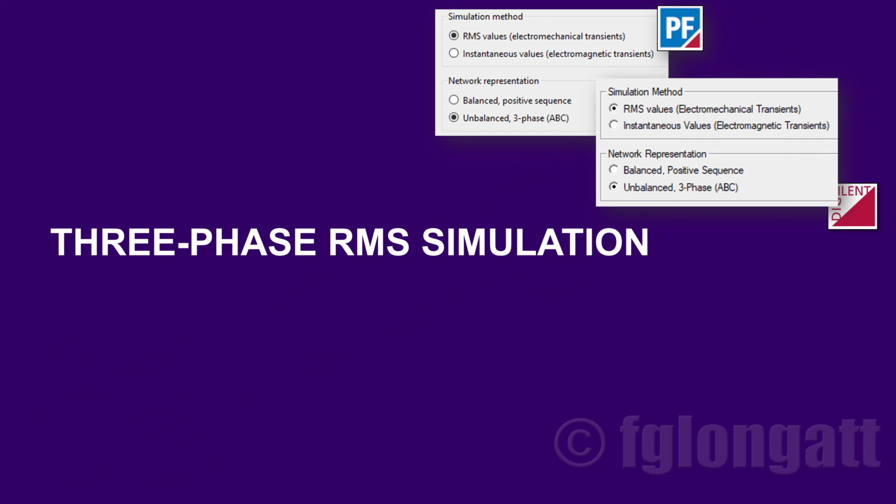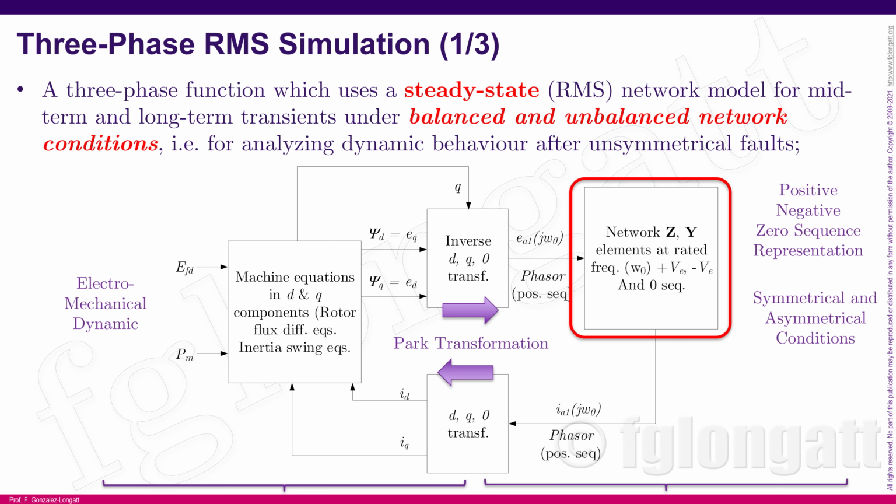All the electrical quantities will be calculated using fundamental frequency, using representation based on RMS values, but the network can be represented again using the admittance matrix, for instance, but in this case we can use positive, negative, and zero sequence, okay? What I'm telling you is that we are interested in this kind of simulation. We want to assess the performance of the system under this kind of asymmetrical conditions.